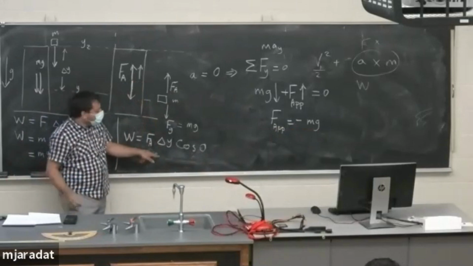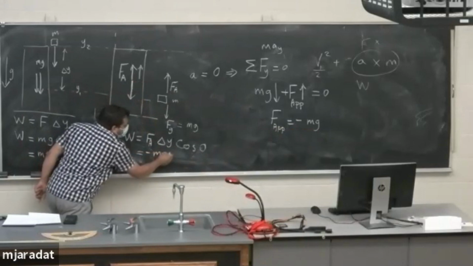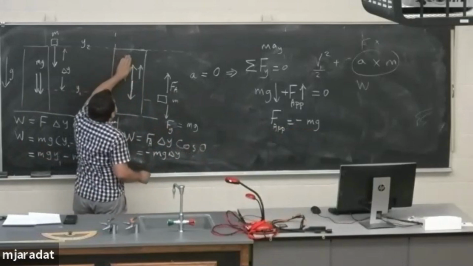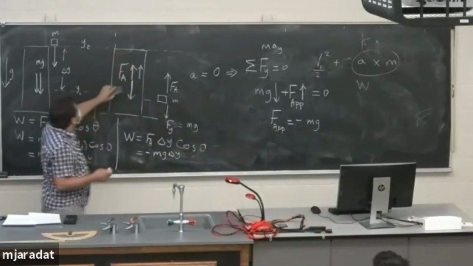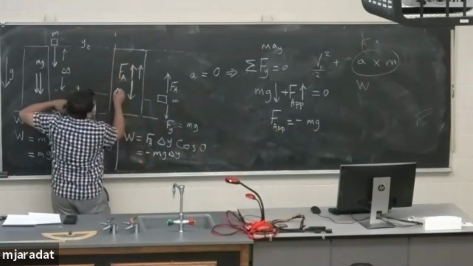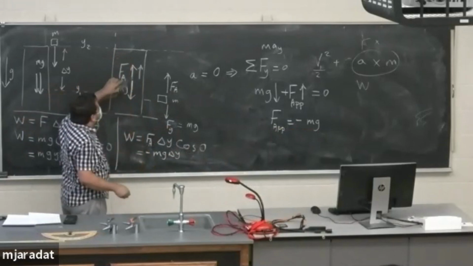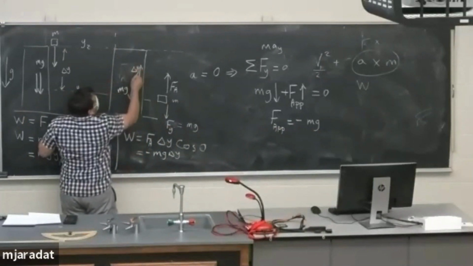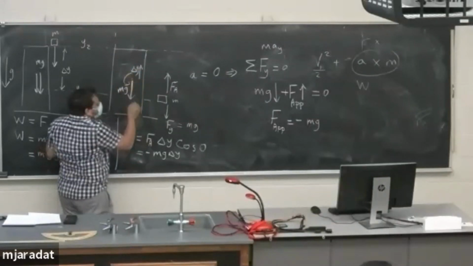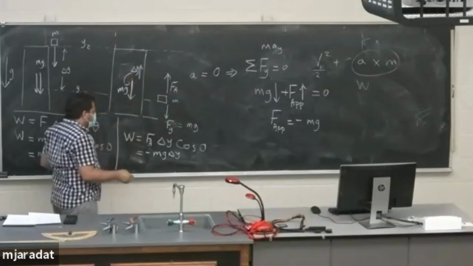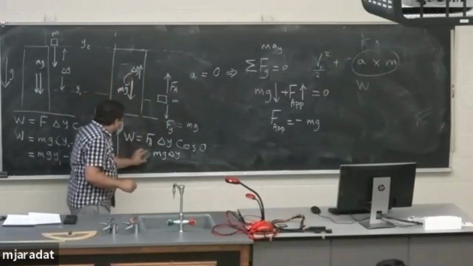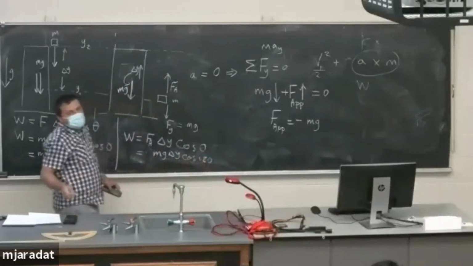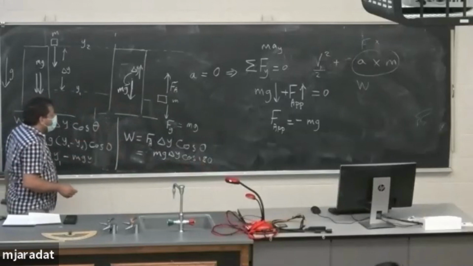You can put negative mg delta y, cosine 0 is 1. Or you can take the applied force as mg, and delta y, and the theta between them is 180, or pi, I'm sorry. So in this case, it will be mg cosine 180, as you see in the notes. It's the same.